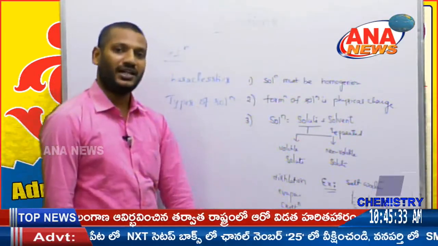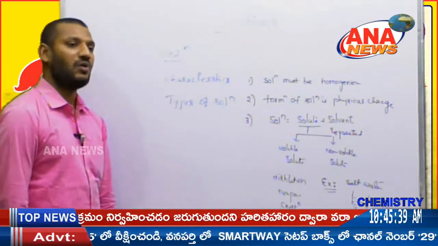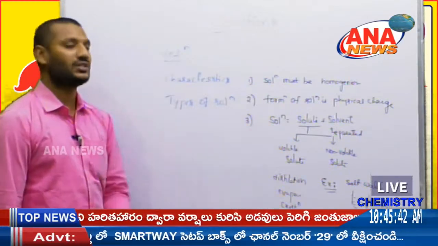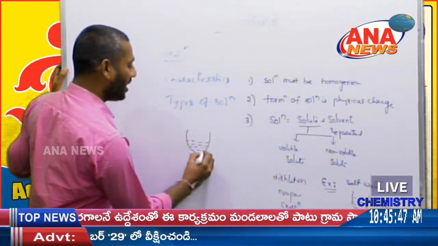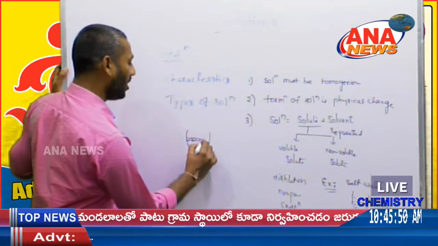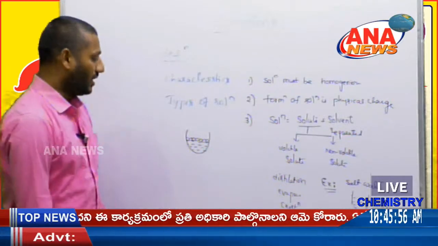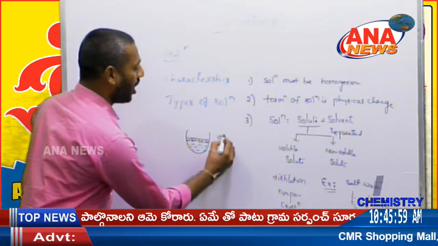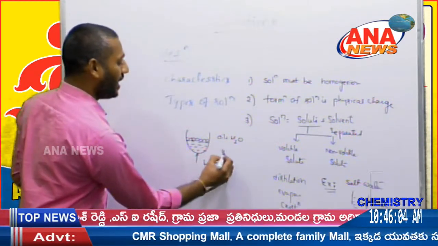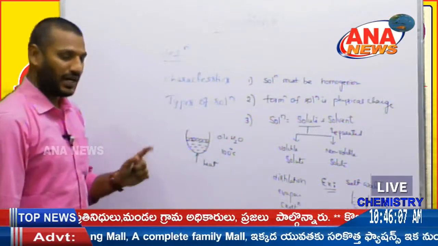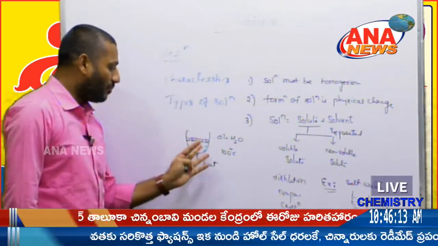If a solution contains a non-volatile solute, some of the compounds are non-volatile solutes also. Best example, take water with oil. So this is the water and it has some oil drops. These oil drops are present on the surface of the liquid. Then we have to separate both oil and water. If we apply some heat, at 100 degrees centigrade, water will be evaporated, but in this case the oil will obstruct the evaporation of the water.